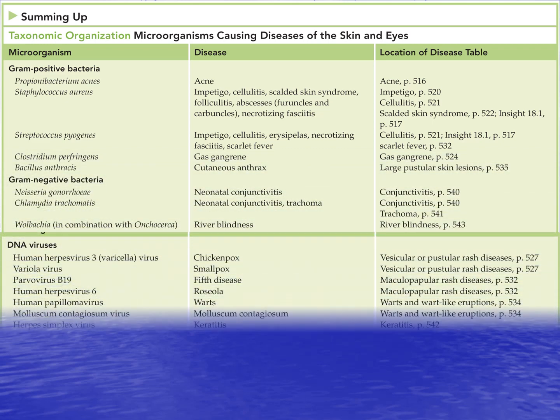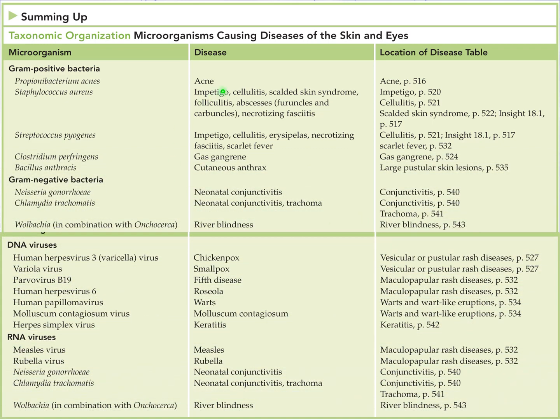So summing up, these are the major microorganisms causing disease of the skin or eye. And these pages may not be perfect in your new text because this may be from another edition, but it will be close to these pages. And most all of these will be found in chapter 18.